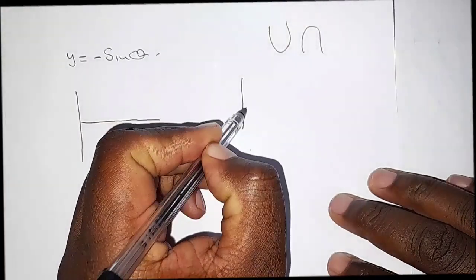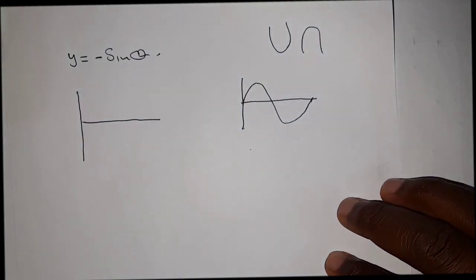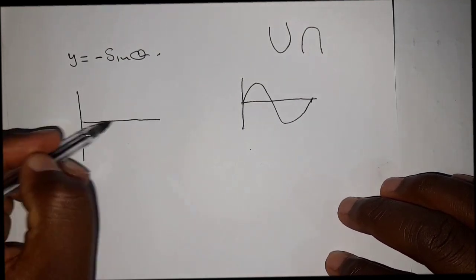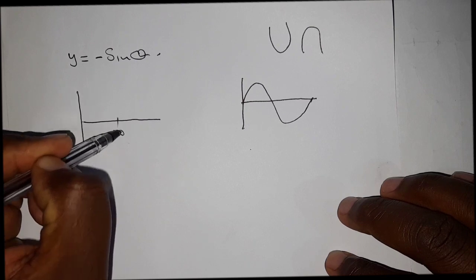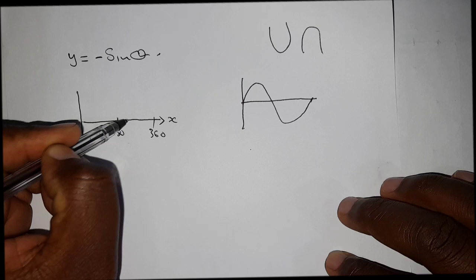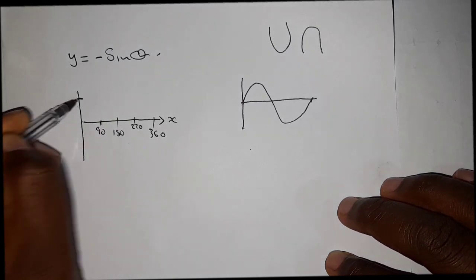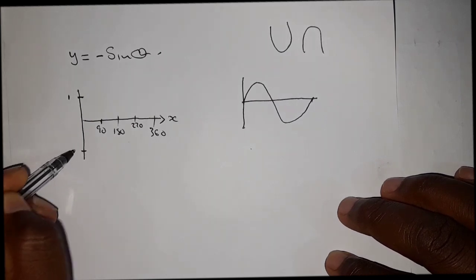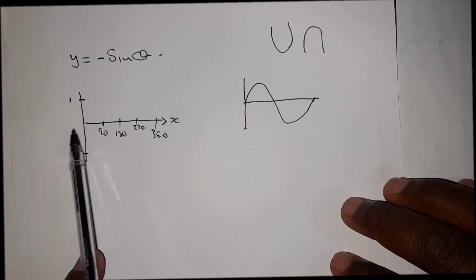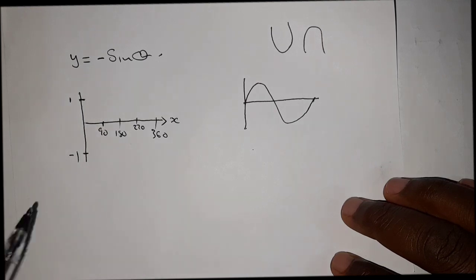The original one, the mother function, is like this, right? This is when a is positive. But now, when a is negative here, our amplitude is still 1.